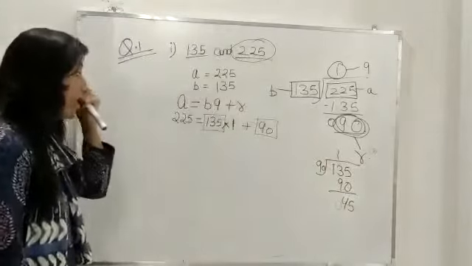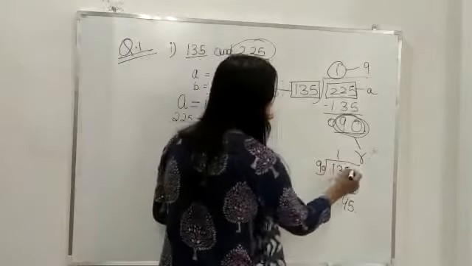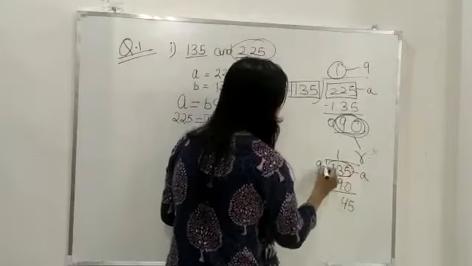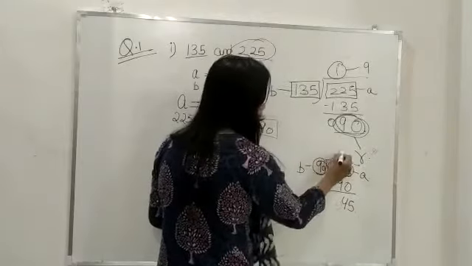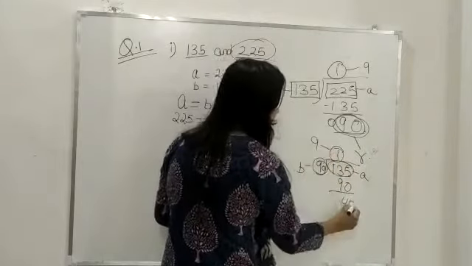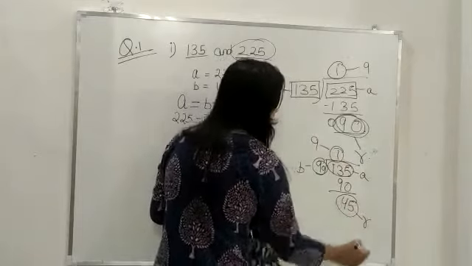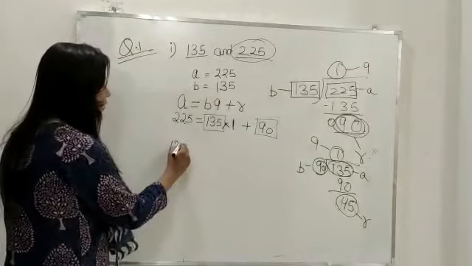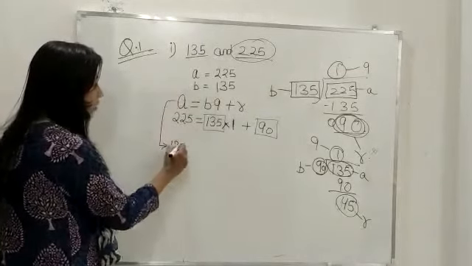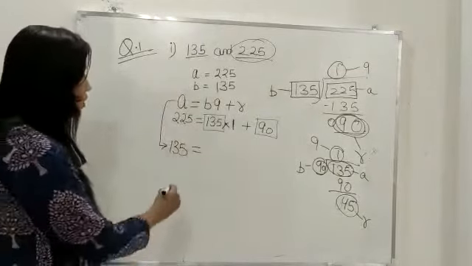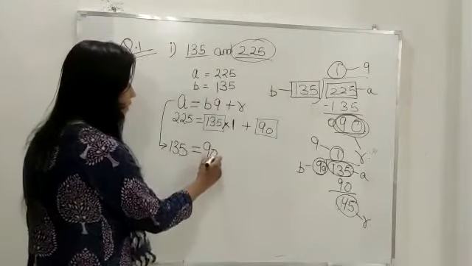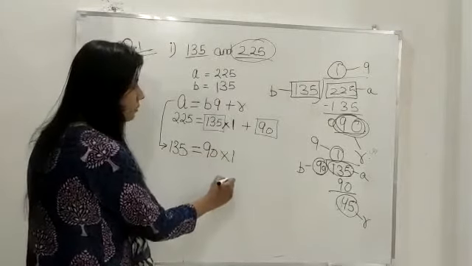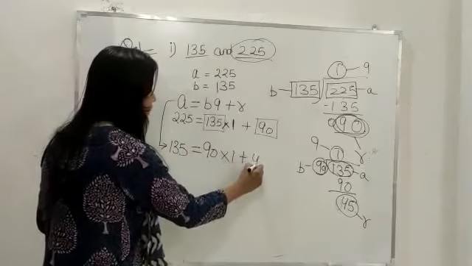Again my A is 135 now, my B is 90, quotient is 1 and remainder is 45. So I will write 135, that is my A, is equal to 90 multiplied by 1 plus 45.